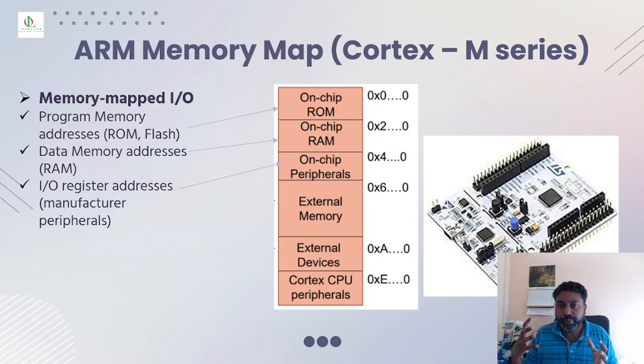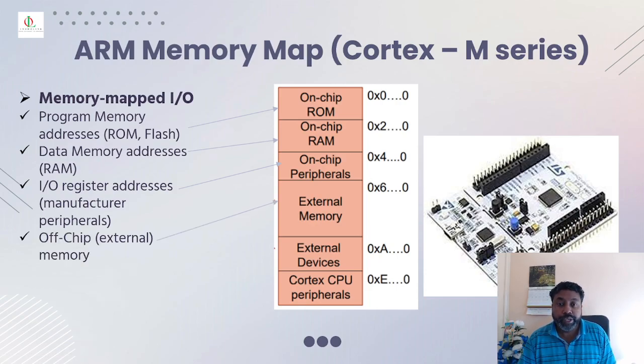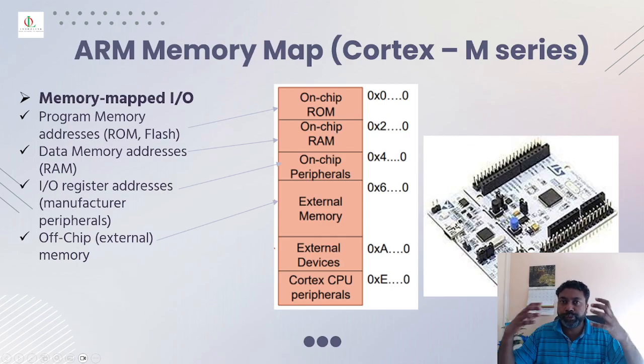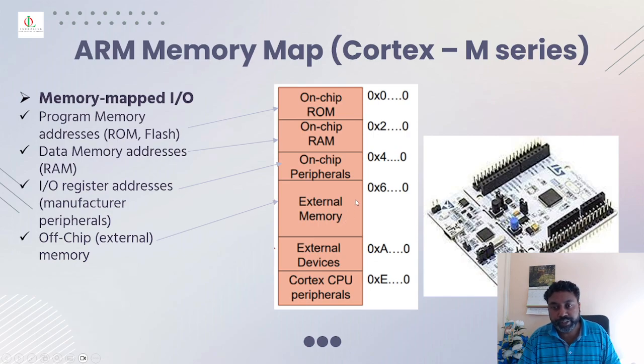And then all the peripheral data will be located with the IO registers as per the manufacturer's principles. They also prefer you to have all the information that's coming through peripherals start with 0x4 to 0x5FFF. And you need a bigger external memory off chip, because sometimes you want to extend your memory when it is running out, or for more complex projects, and that's where the external memory address sits, from 0x6 to 0x9FFFF.